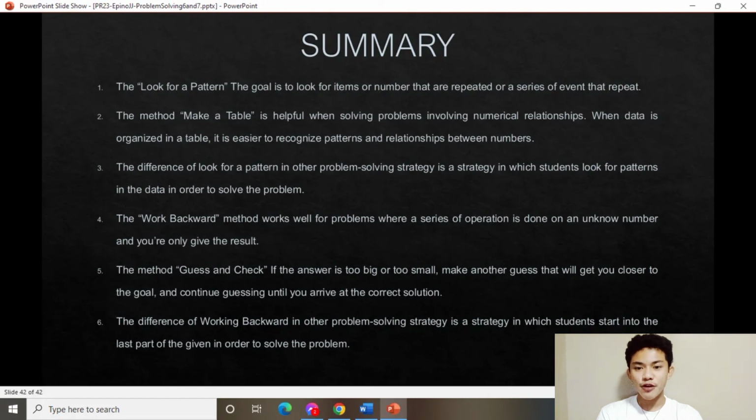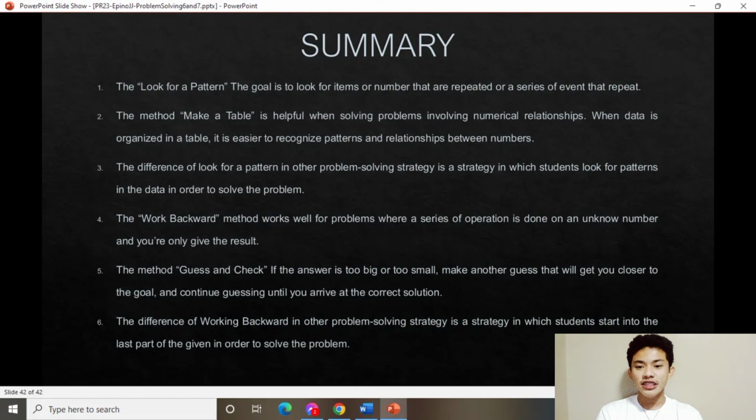Third, the difference of look for a pattern from other problem-solving strategies is that students look for a pattern in the table data in order to solve the problem. Fourth, the work backward method works well for problems where a series of operations is done on an unknown number and you're only given the result.